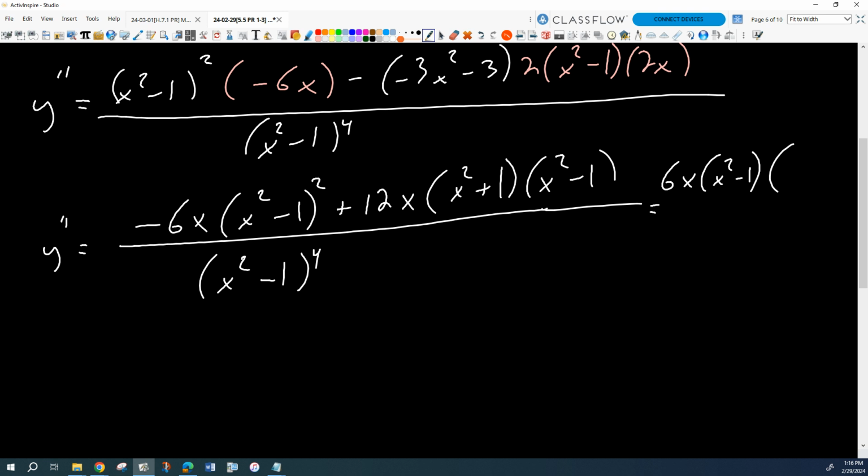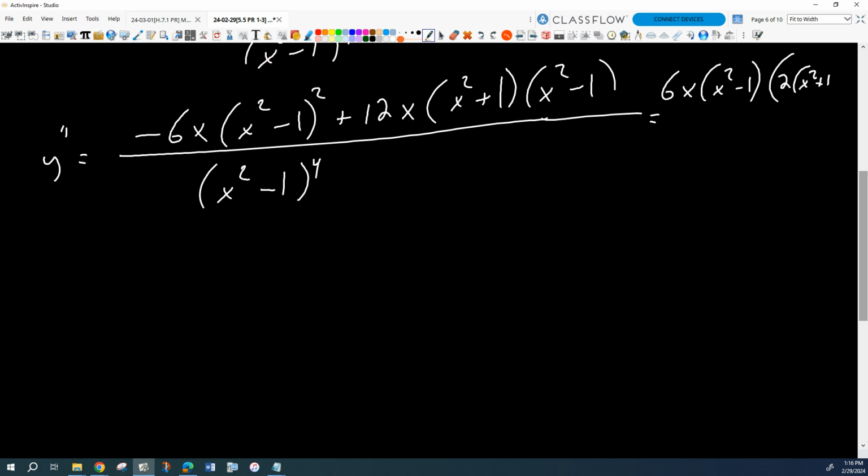And then over here we'll put the positive term first. That one would be 2 times the x squared plus 1. I'm running out of space, I gotta go a row down.